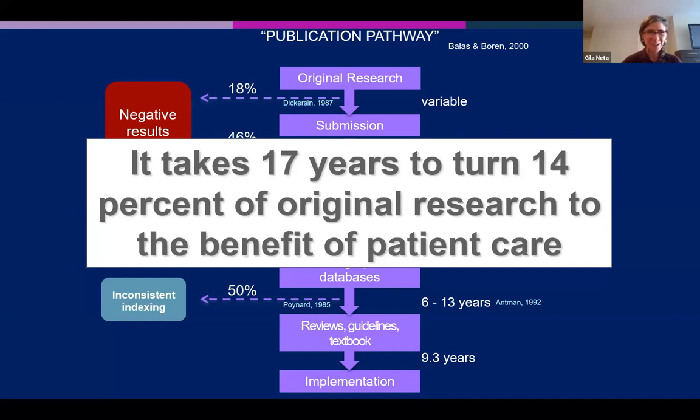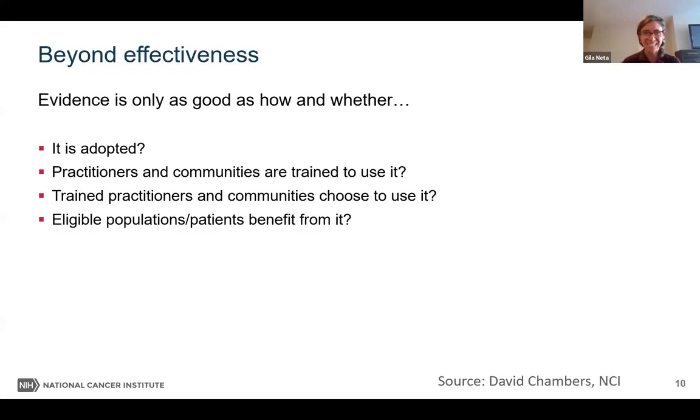Now moving on, as you saw with the COVID-19 example, the problem does go beyond the strength of the evidence for effectiveness. An intervention is going to be only as good as how and whether it's adopted by different systems within different communities. But also not just that it's adopted, but we can make sure that we've identified practitioners who can be trained to deliver the intervention.